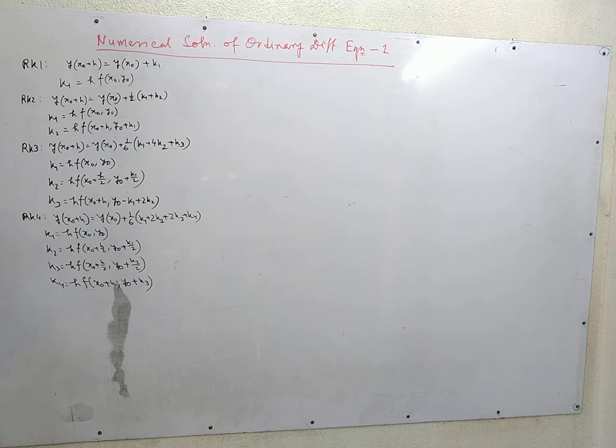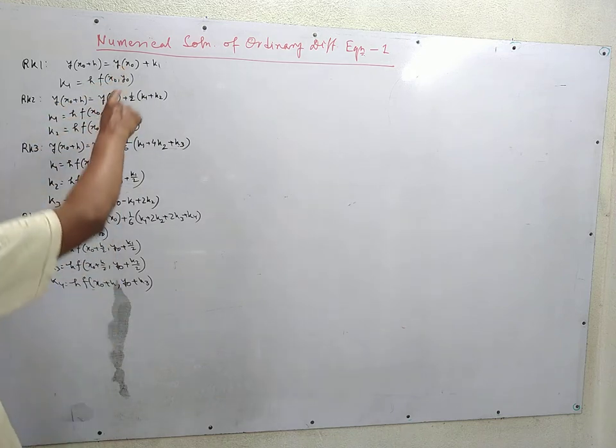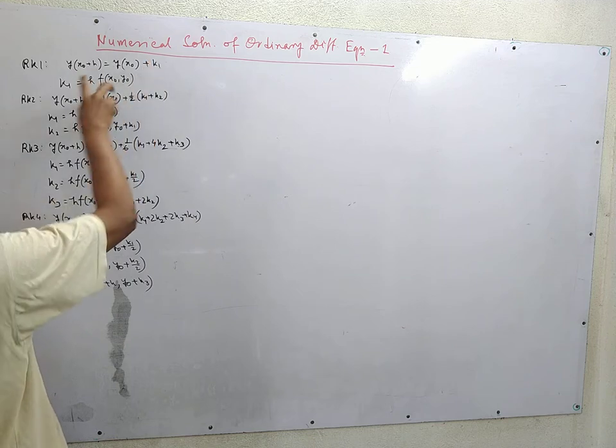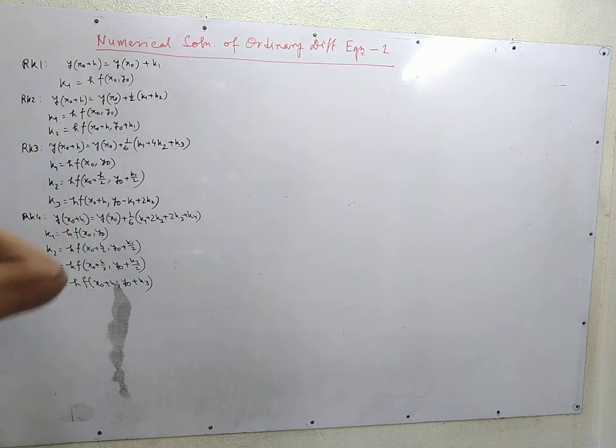Now the different Runge-Kutta methods are listed here. In Runge-Kutta 1 or the Euler method, we approximate y at x1 by the value of y at x0 plus k1, the correction or increment term. The increment term is this, which we have shown you.